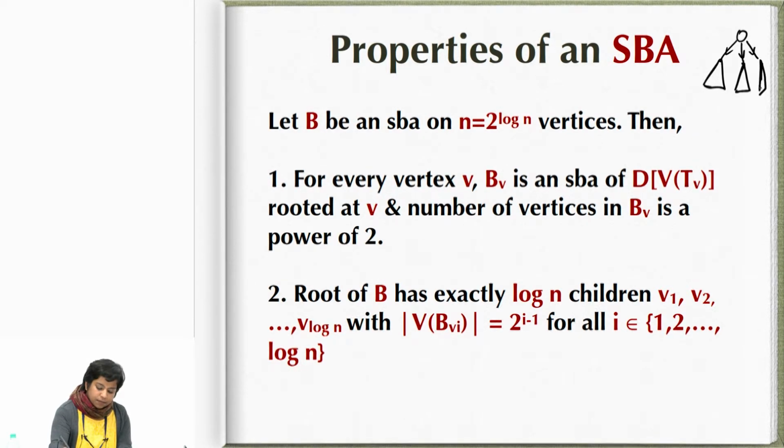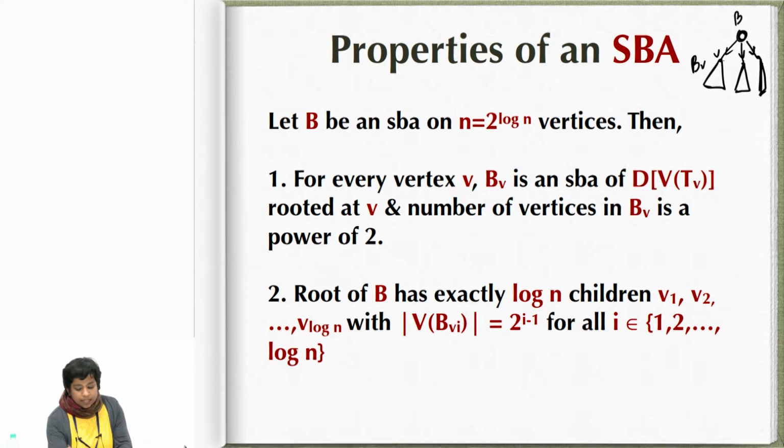This is roughly how it looks. So this is the vertex V, this is the whole tree B, and the subtree rooted at V is called, let's say, B of V. This is just a notation thing.